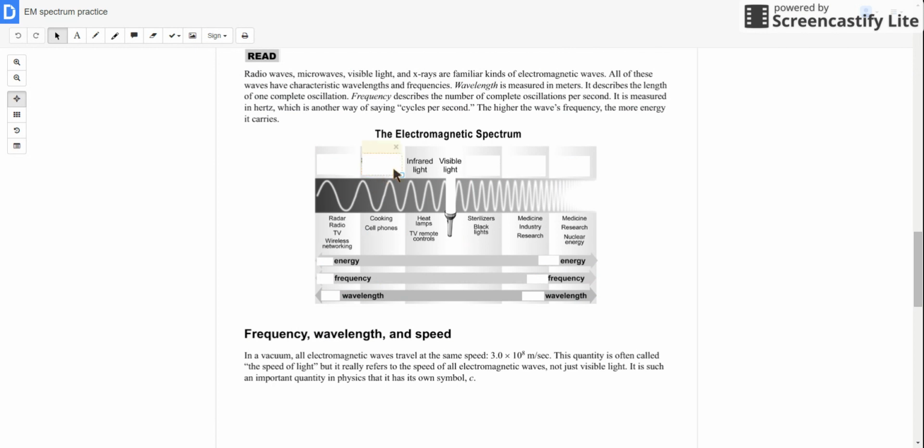You're going to need to know what goes at these particular points for the test. You'll need to know what has the longest wavelengths and what has the shortest wavelengths, and memorize them going across. Also, you'll have to know energy levels, low or high, frequency, low or high, and wavelength, low or high. So take a look back at this worksheet.